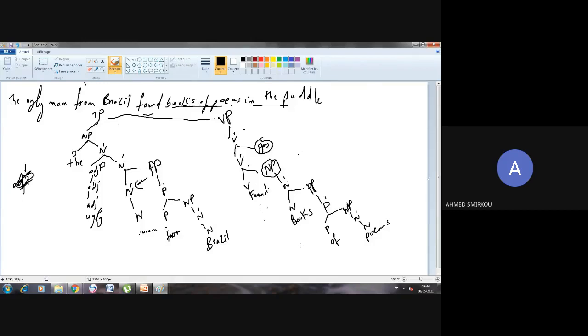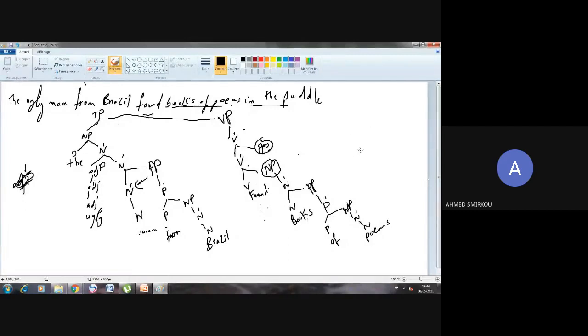Is it he found in the parallel, or books of poems in the parallel? So the first interpretation is that in the parallel refers to the verb. So the preposition phrase is here.